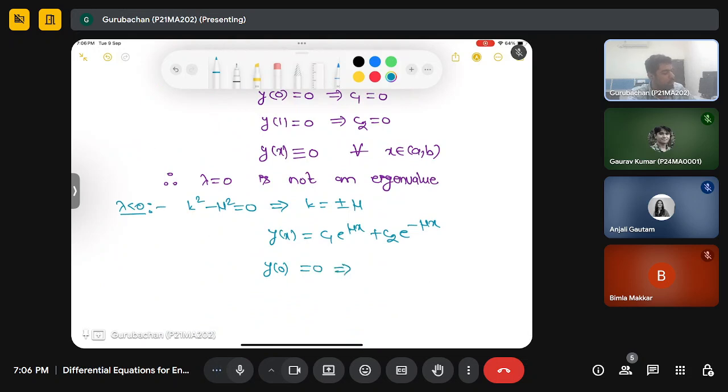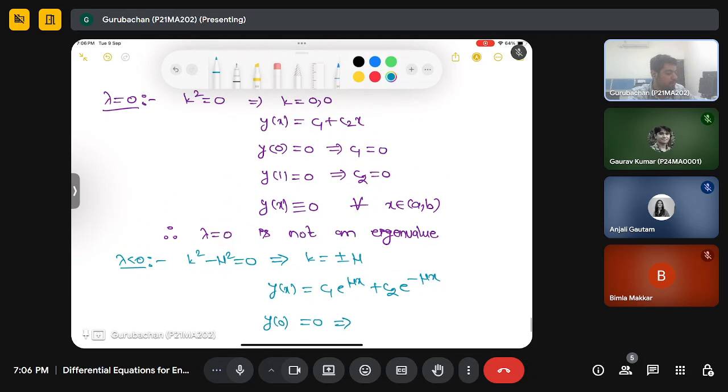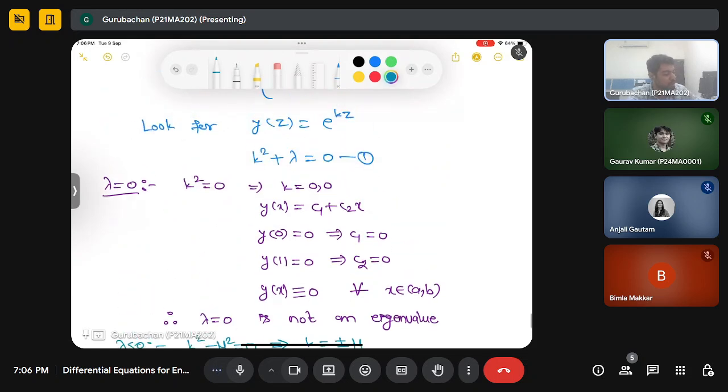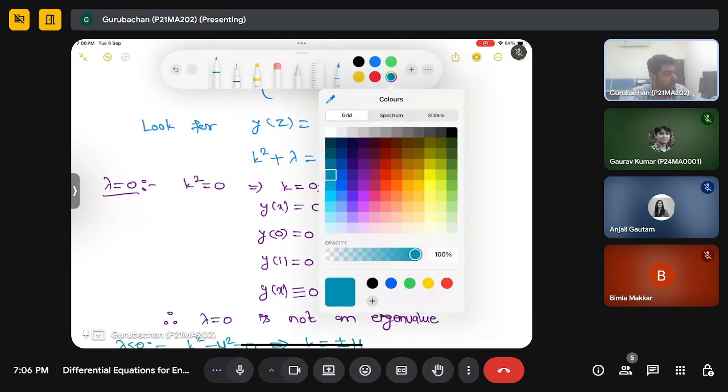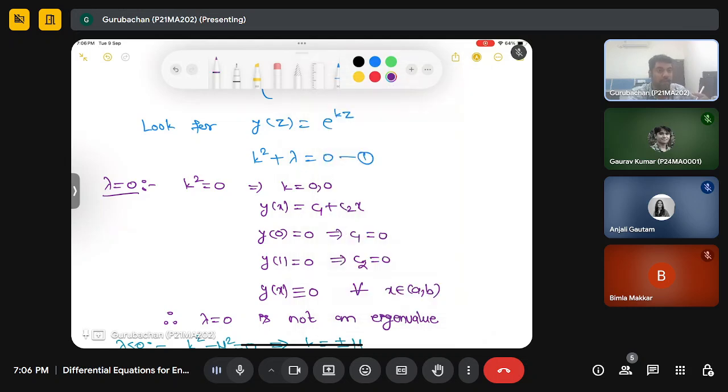Here I made a little typo, in the sense that we have considered the independent variable to be z. So it will be c1 e to the power mu z plus c2 e to the power minus mu z, and this z will belong to 0 to 1.